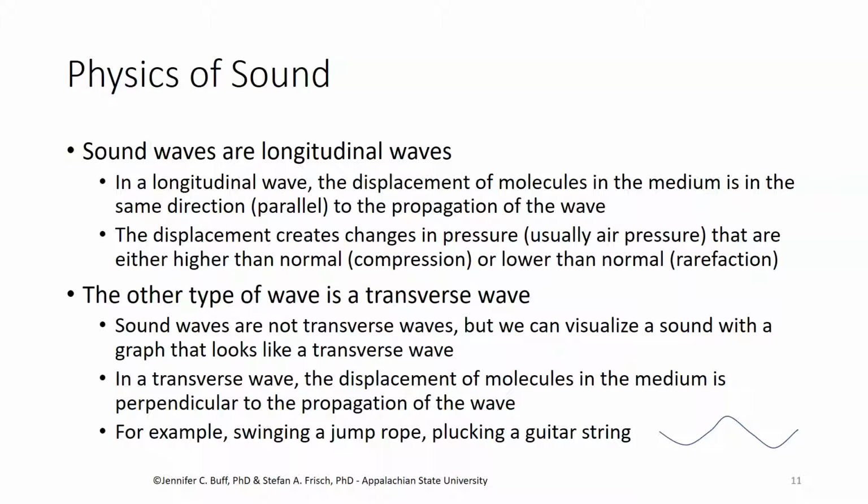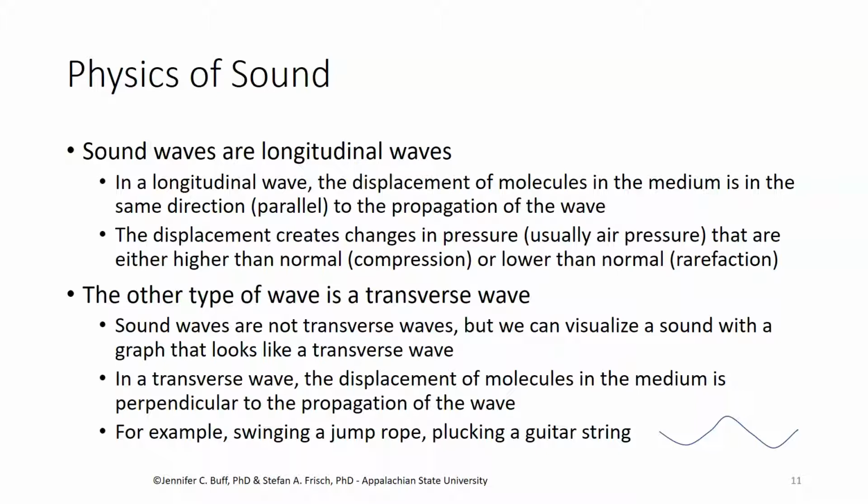There is another type of wave out there in the world of physics called a transverse wave. Transverse waves have the displacement of the molecules in the medium perpendicular to the propagation of the wave. So as the wave is traveling from left to right, for example, the molecules in the medium would be going up and down. You see waves like that when you're swinging a jump rope or you pluck a guitar string.